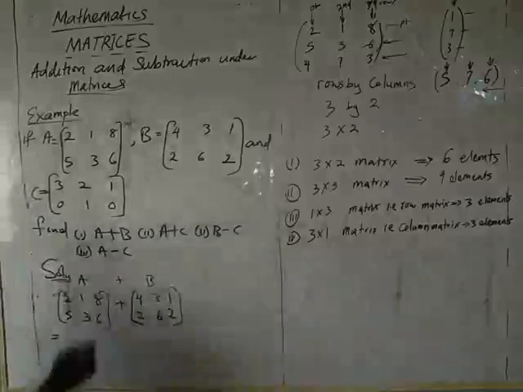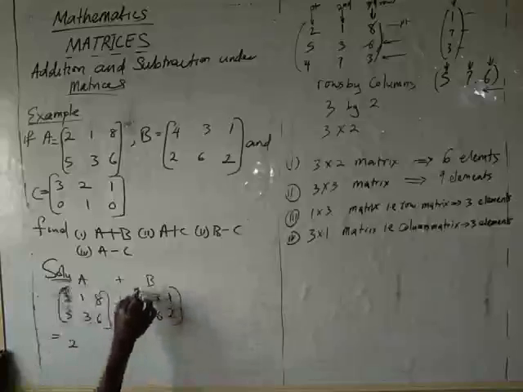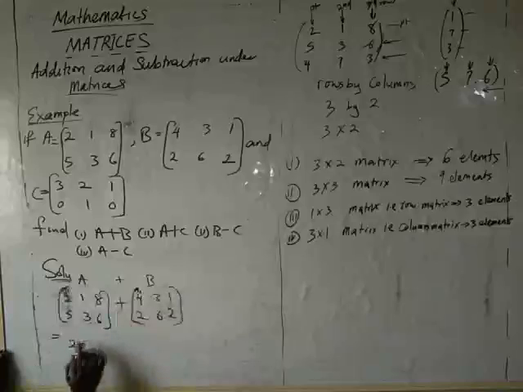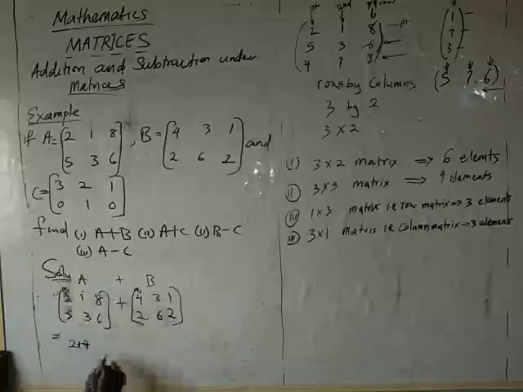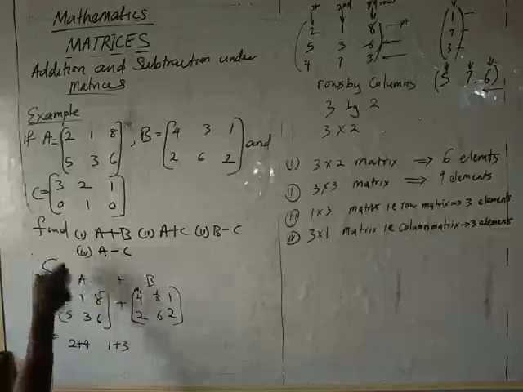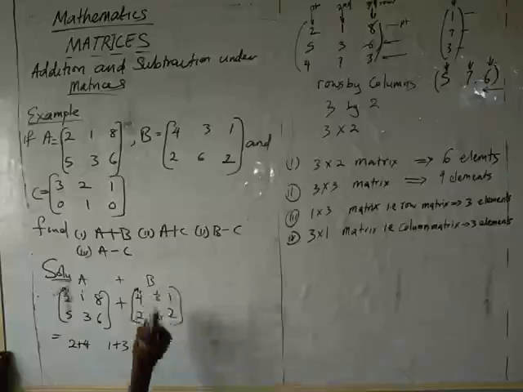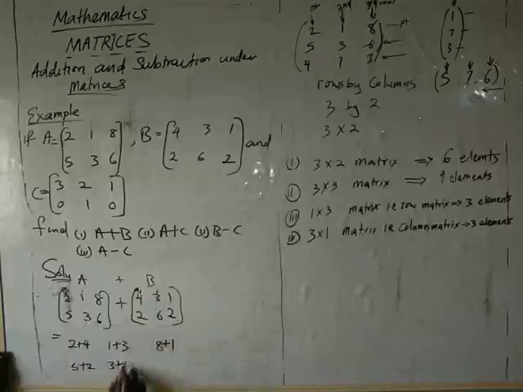So that means the first element here, 2, maps onto 4. Then the next element, 1, on the second row but still the first column, we map onto 3. Then the third row, 8 plus the third row of B. Then 5 plus 2, then 3 plus 6, then 6 plus 2.